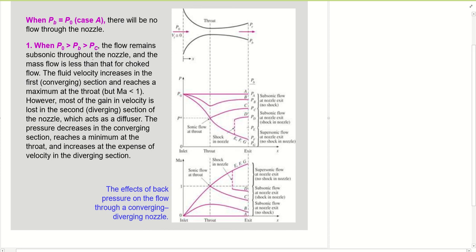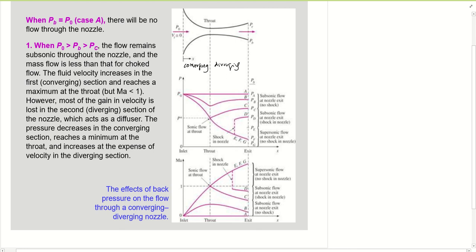Now when we set the back pressure less than P0 but greater than PC, which is case B: as you can see, the pressure first decreases in the converging section, reaching its minimum at the throat, which is the minimum area, and then after passing the throat, the pressure increases.